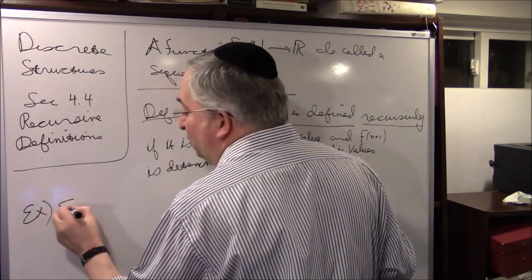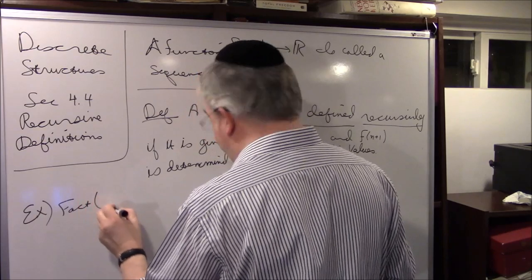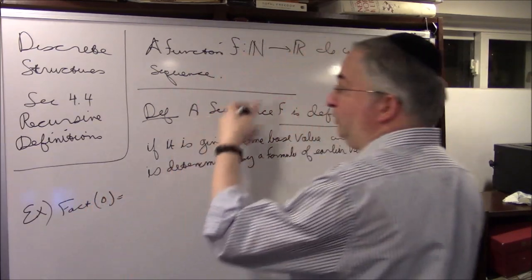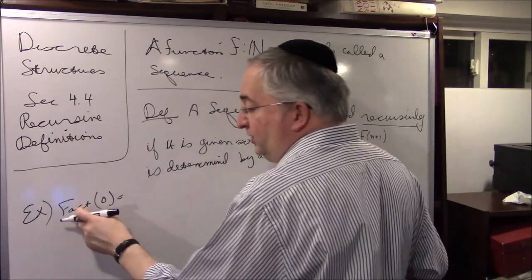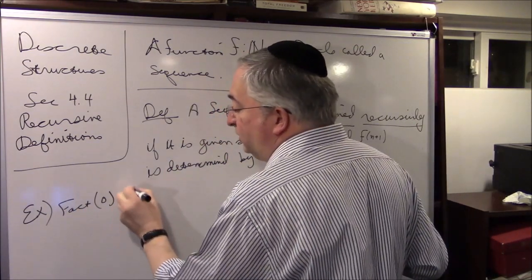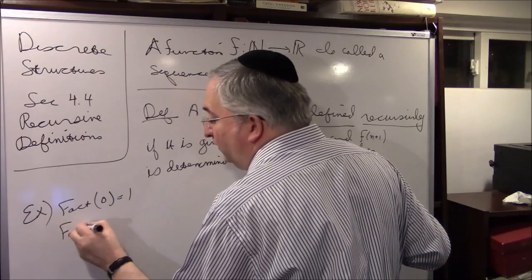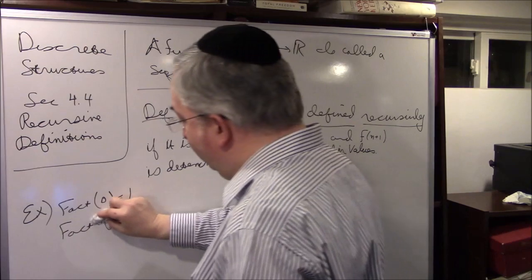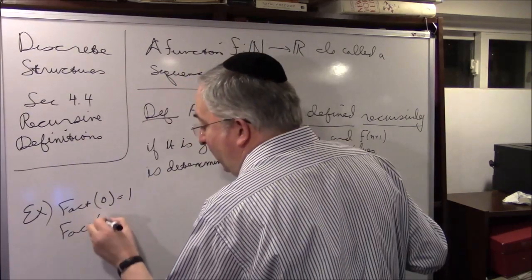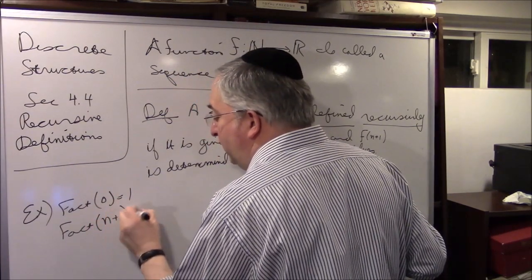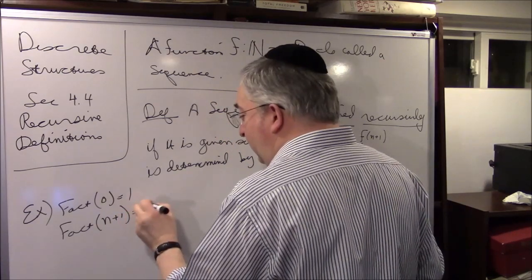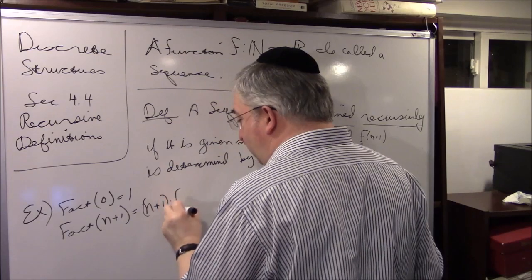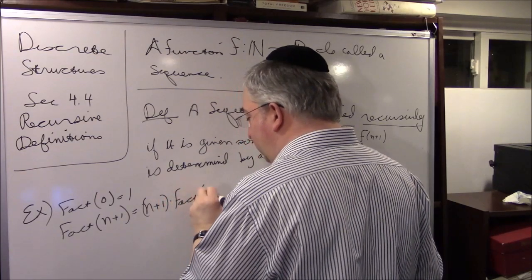Okay, factorial of 0, that's the first, so we're defining a sequence. Factorial is a function. The factorial of 0 is equal to 1. Factorial of n plus 1 is equal to n plus 1 times factorial of n.